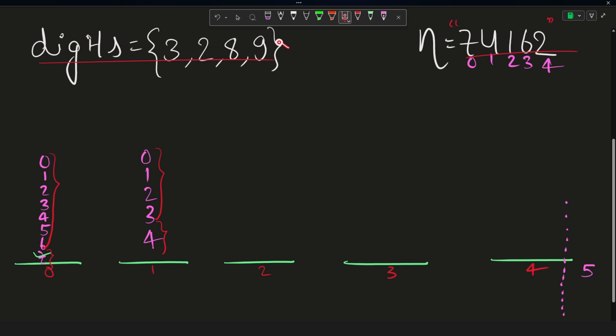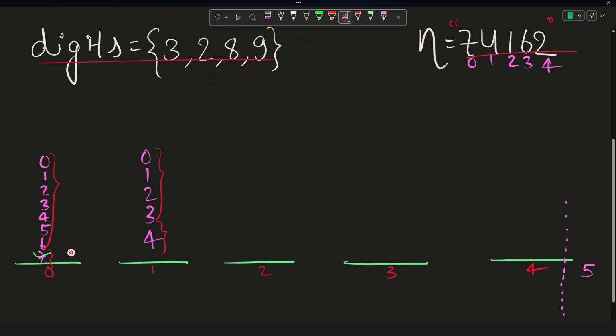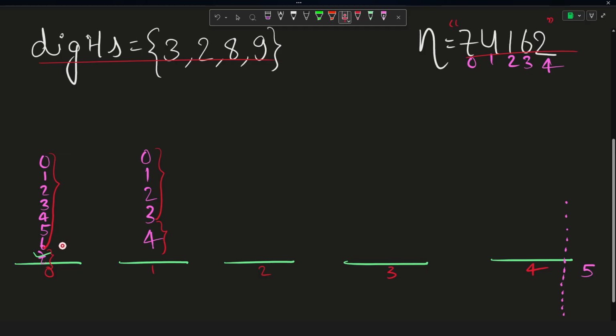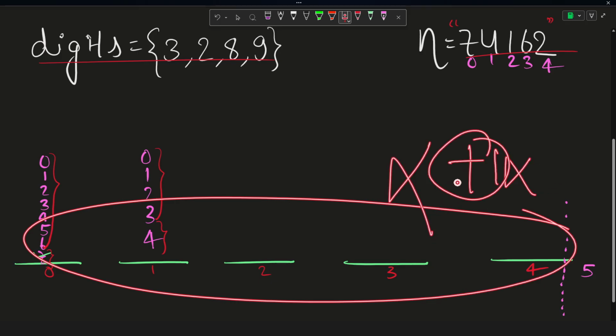But clearly in the digits array for this example, 7 is not present, and if 7 is not present, then whatever integer it forms at the end, 7 will definitely be present in it. And if a digit is present which is actually not present in this digits array, it means that the formed integer will be an invalid one, and it will not contribute +1 to our answer. It will not contribute, right?